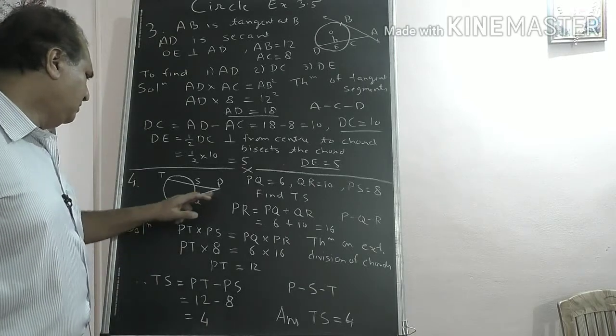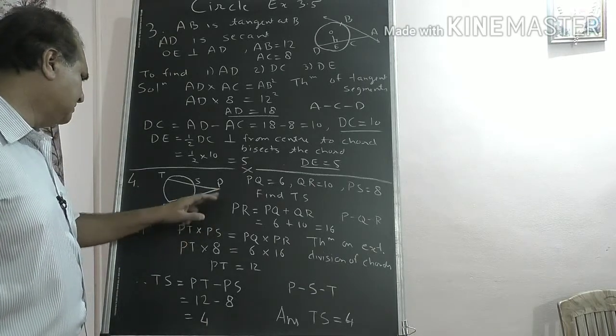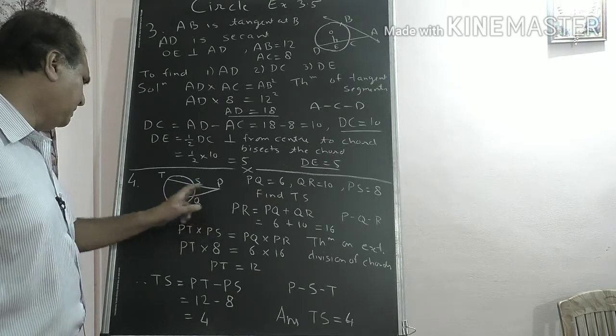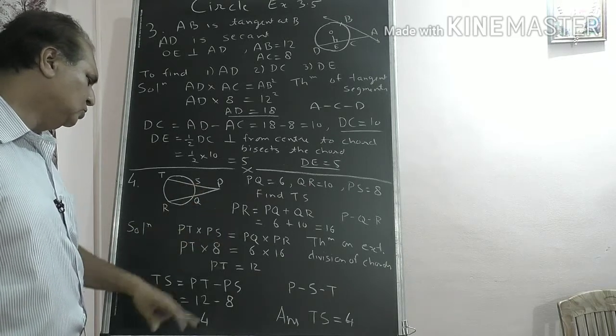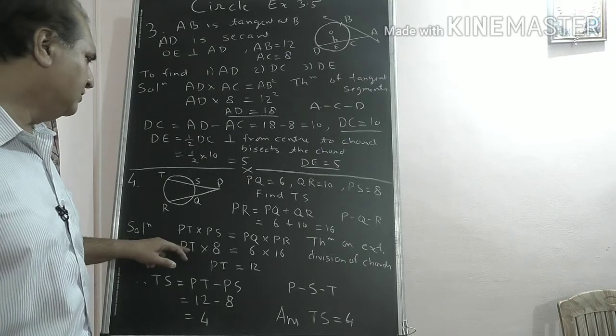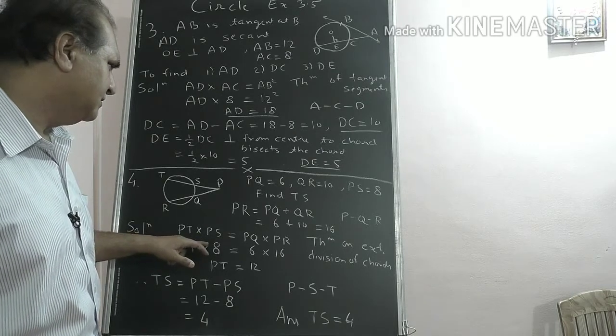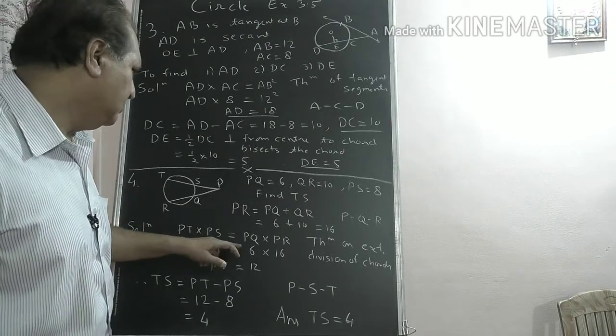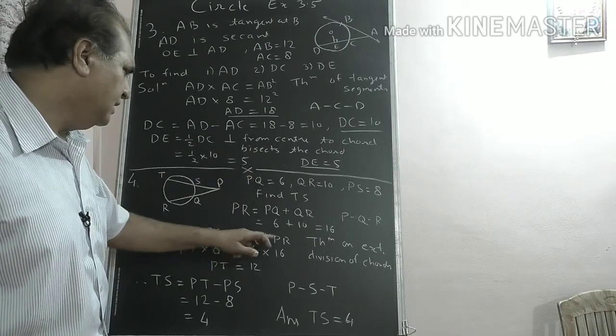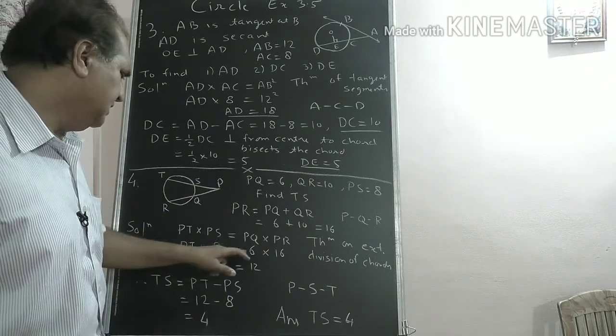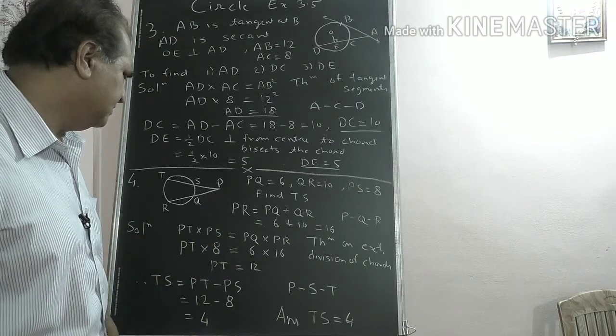Now we can go for PT into PS equal to PR into PQ. So PT we have to find out first. PS is 8, given. PQ is 6, PR is 16. 16 into 6 upon 8.